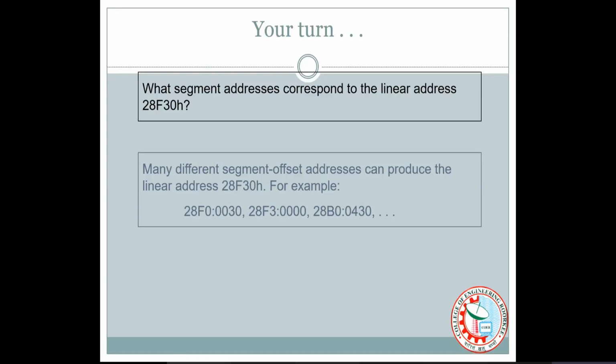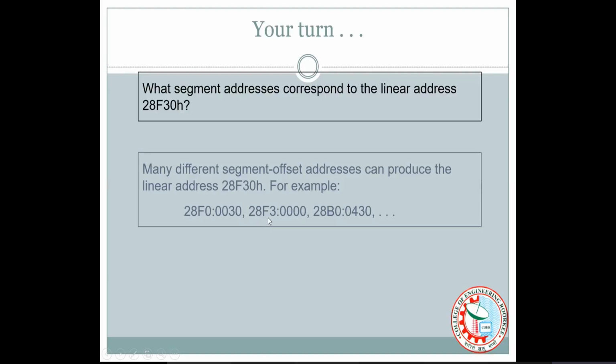How many addresses are there which can give us the same physical address? Come to the first example: 28F0, this is the segment address, colon 0030. If I create the physical address from this, I'll get the same value, because 28F0 multiplied by 10 becomes 28F00, plus 0030, which gives 28F30.